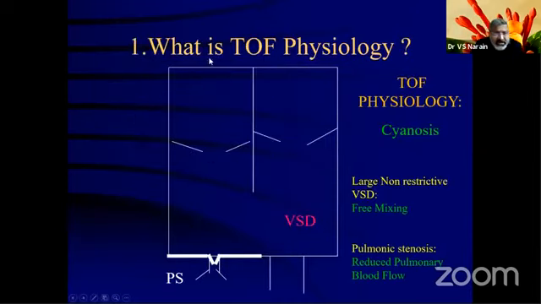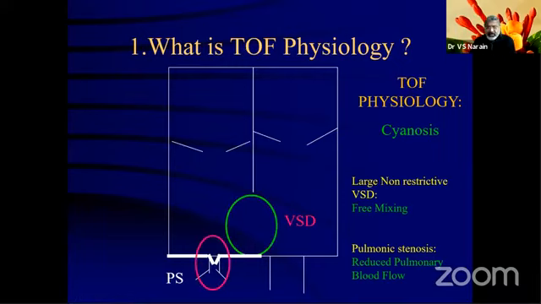And when we talk of PS, we immediately think of tetralogy physiology. So it is not tetralogy of Fallot, it is tetralogy physiology. And what is tetralogy physiology? Tetralogy physiology simply means that you have a large, non-restrictive ventricular septal defect, which allows free mixing of blood.